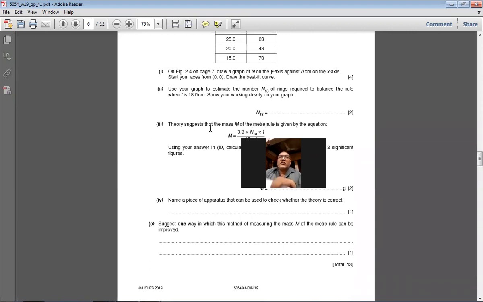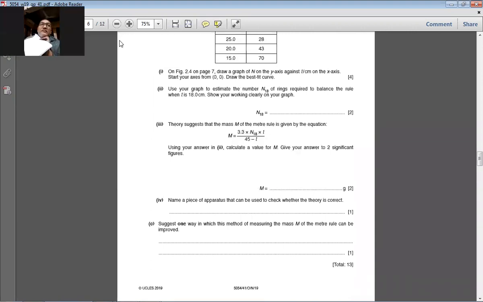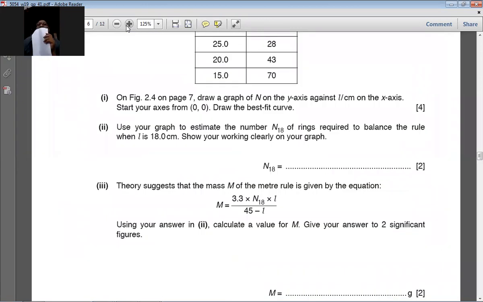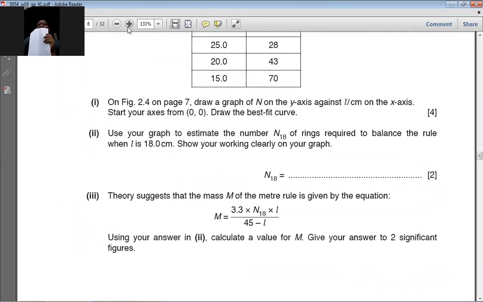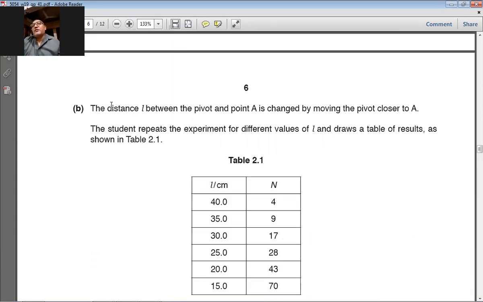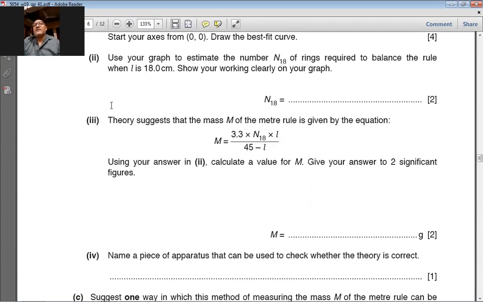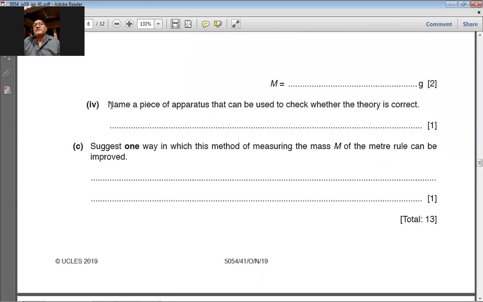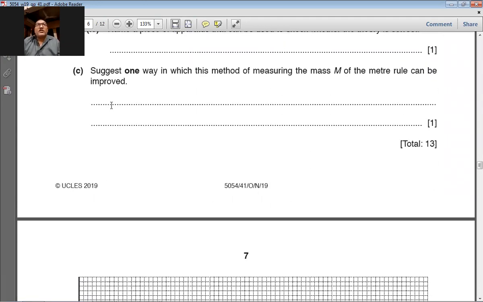So this was that question. So the whole question is coming up on your screen. You see, we have done this question. So totally it was 13 marks.